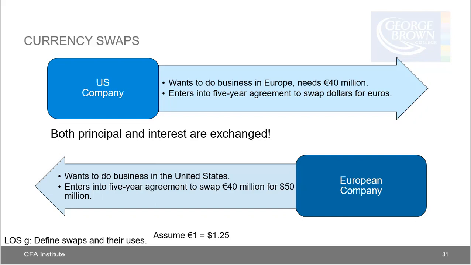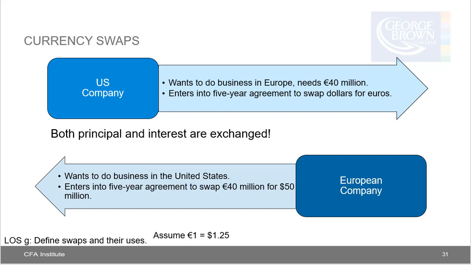So the companies enter into a 5-year currency swap for $50 million, assuming that the exchange rate is $1.25 per euro. On this basis, company C pays company D $50 million and company D pays 40 million euros to company C. Now, each company has funds denominated in the other currency, which is the reason for the swap.